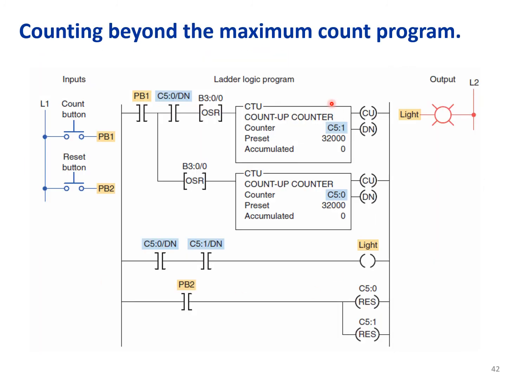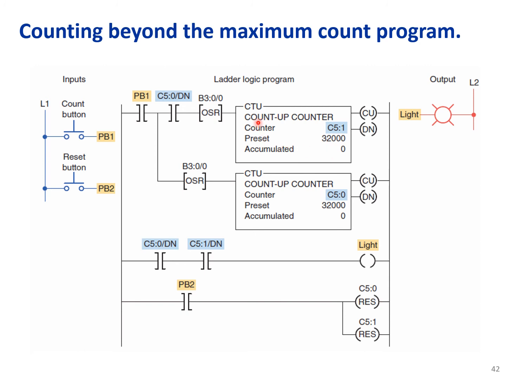Let's see how it works here. Counting beyond the maximum count program. In many PLCs, we have a limitation on the preset value. Usually this number is 2 to the power of 15, so almost 32,000.